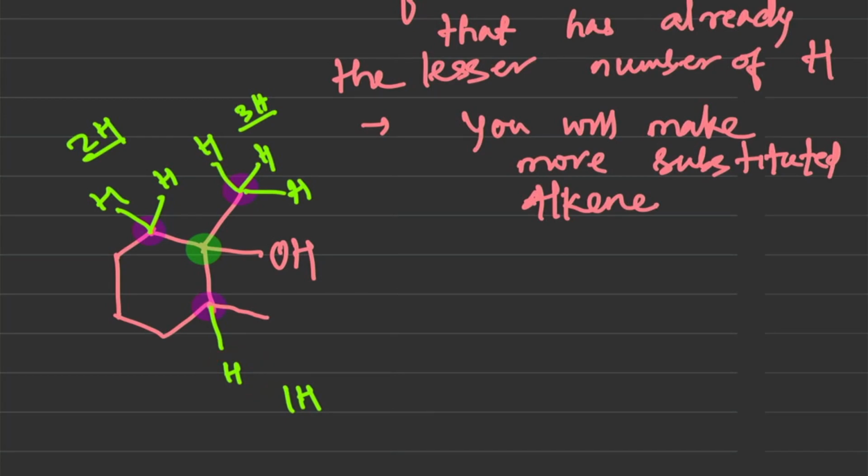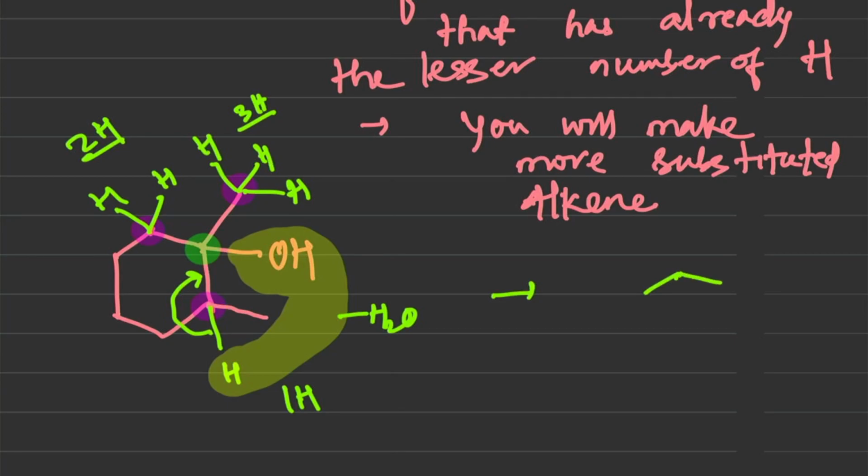When you are drawing the product, you should remove this hydrogen along with the OH. That's the minus water right there. And bring this 2 electrons there. That's going to be your answer. So this is your major product.